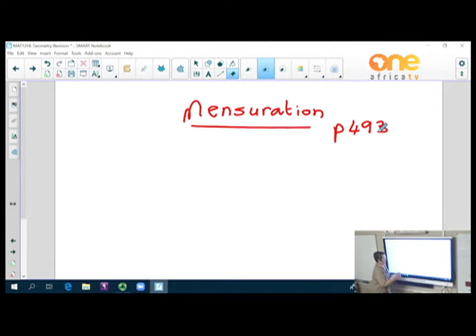Now, usually we measure in meters length, and in kilograms you measure mass, and seconds for time. So that's the different units. I would like you to look on page 493. There they're giving us larger and smaller names for these measurements here.